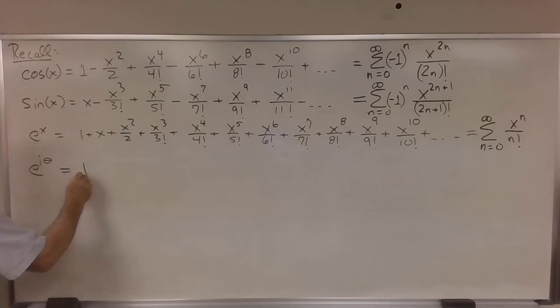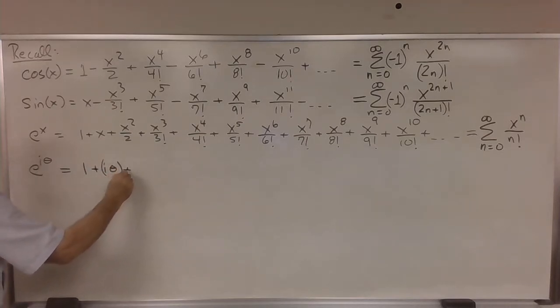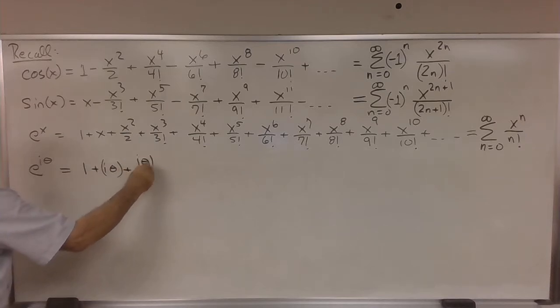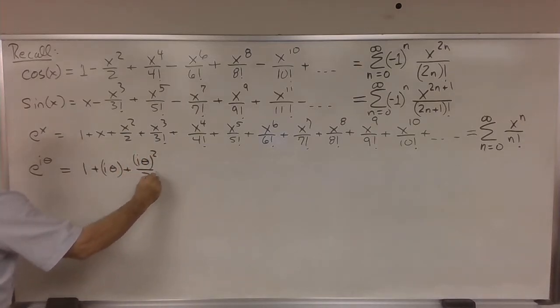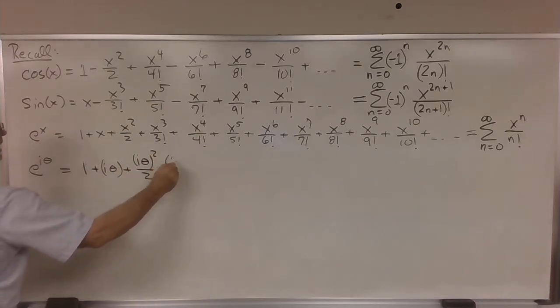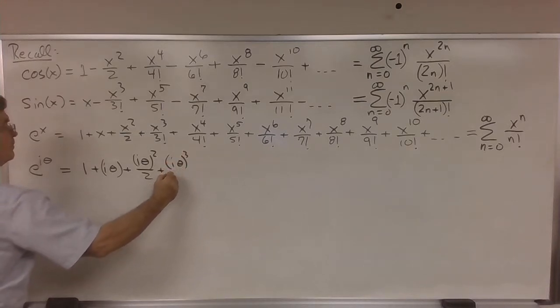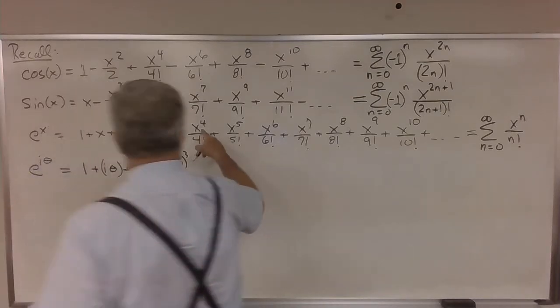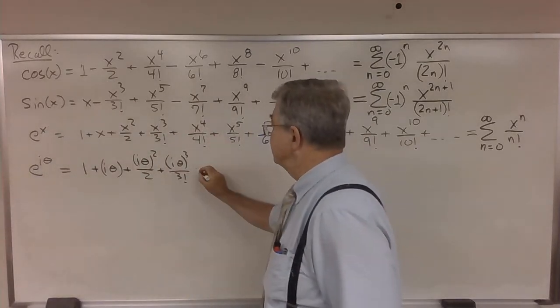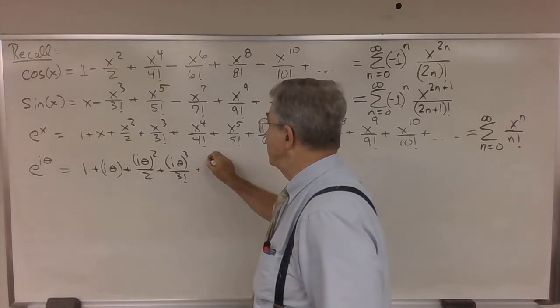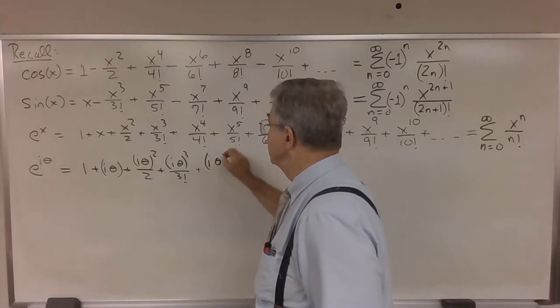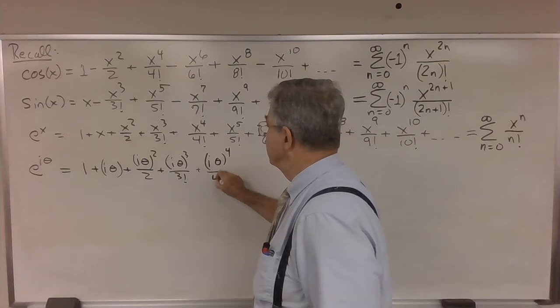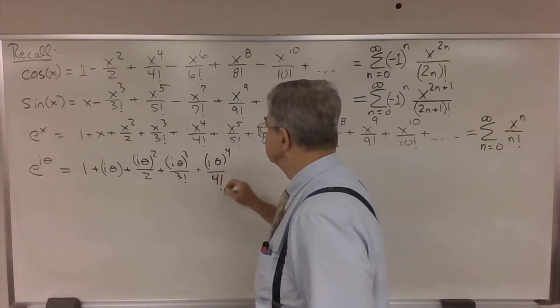So we're going to get 1 plus i times theta plus (i times theta) squared over 2 plus (i times theta) cubed over 3 factorial. Okay, put an i times theta in here for x. We're going to get (i times theta) to the 4th over 4 factorial.